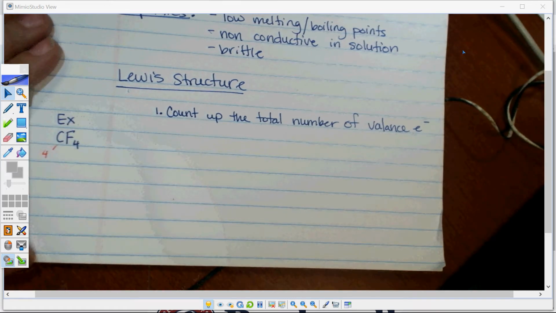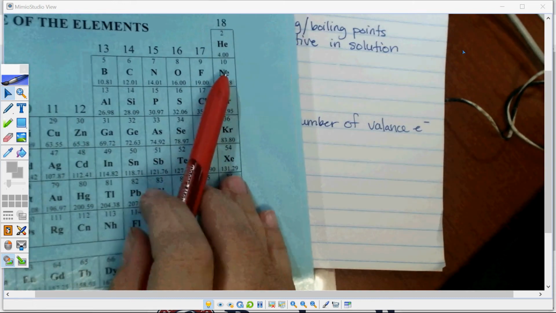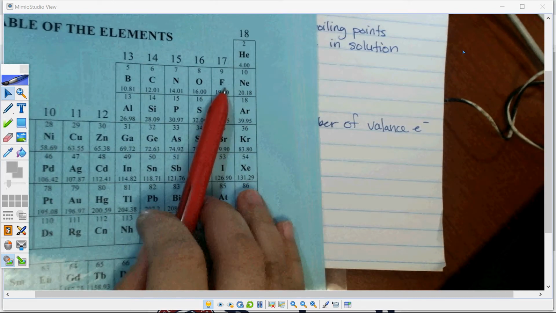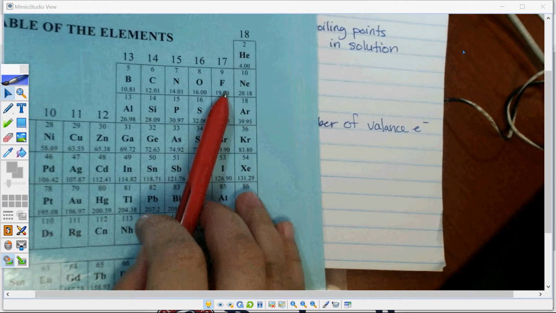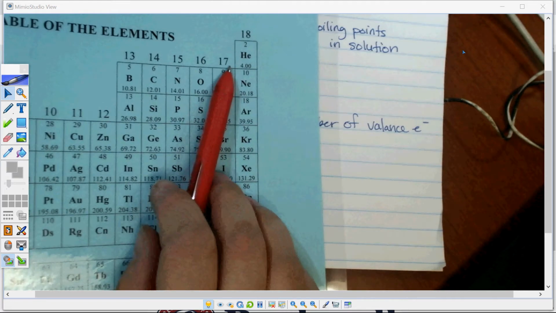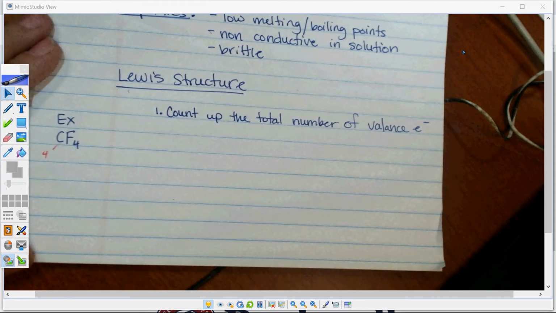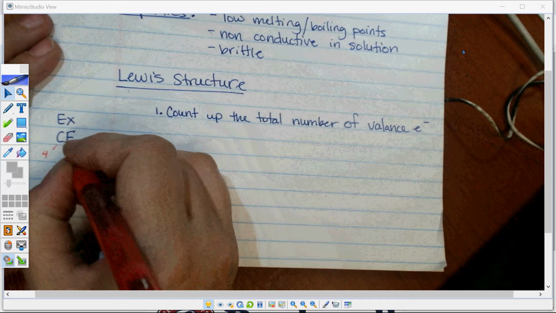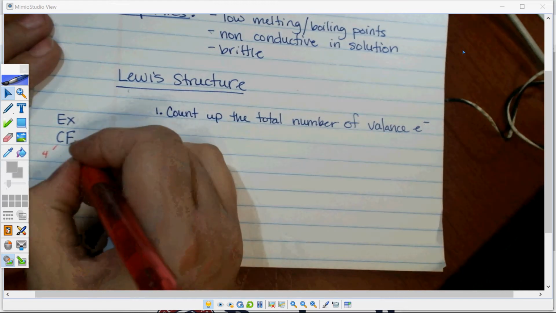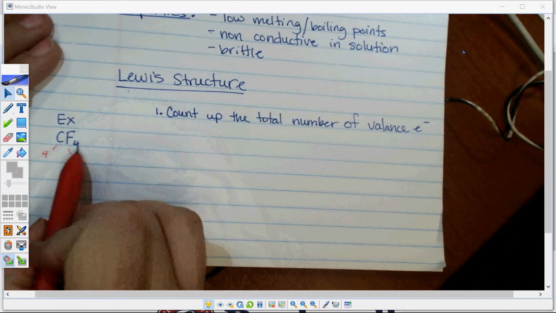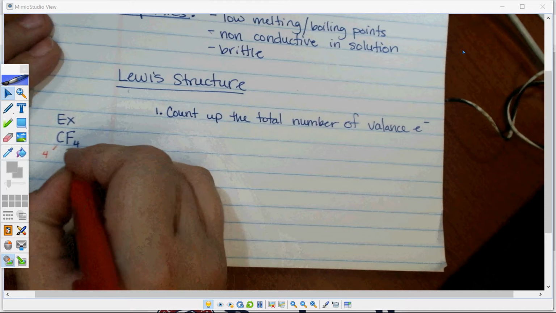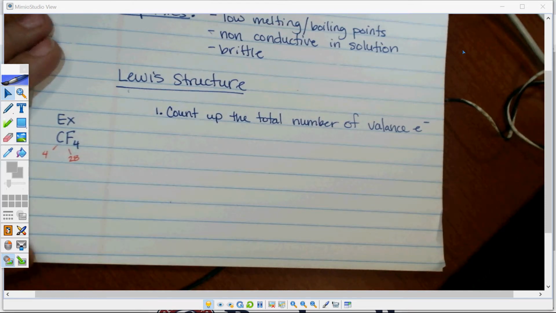And then I find fluorine, which is right here. Fluorine has 7 valence electrons, but there are 4 atoms of fluorine. So that's a total of 28 coming from those 7 valence electrons.